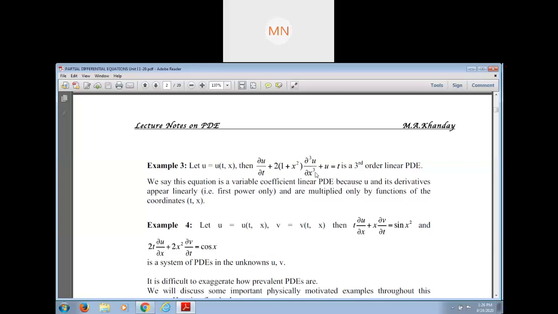This is a third order partial differential equation with degree 1. So it is linear.